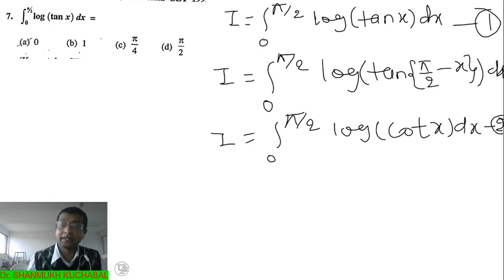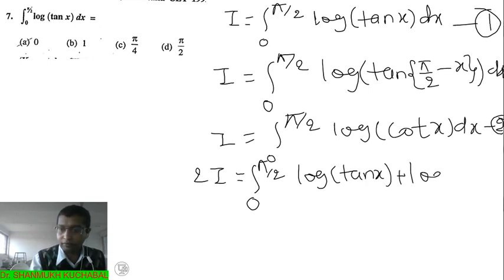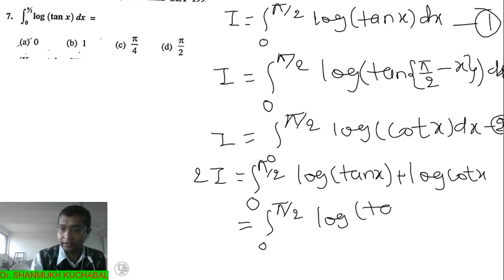Now we will add equation 1 and 2. So I plus I, we get 2I equal to, limits are common, so 0 to pi by 2, log of tan x plus log of cot x. So further we need to simplify this. It is integration from 0 to pi by 2 log of, since log a plus log b is log a into b, that is tan x into cot x.